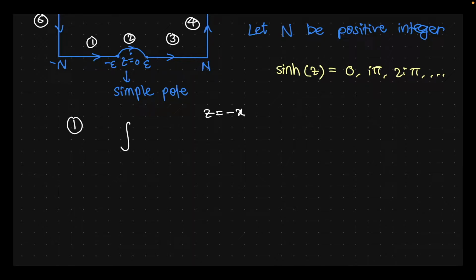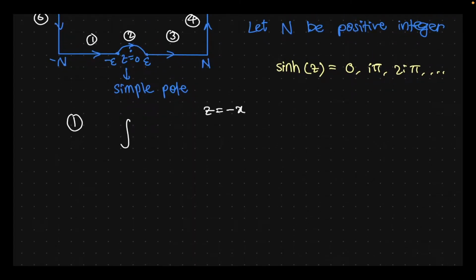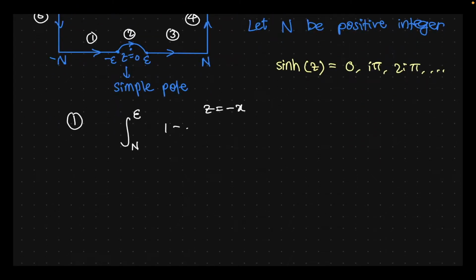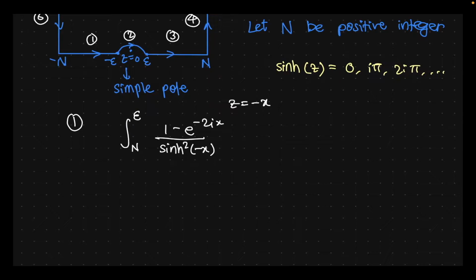So if we do that, we're going to have an integral going from n, because of the parameterization, to epsilon, and then we're going to have 1 minus e to the minus 2ix divided by sinh squared of minus x, and we have a minus dx like that.